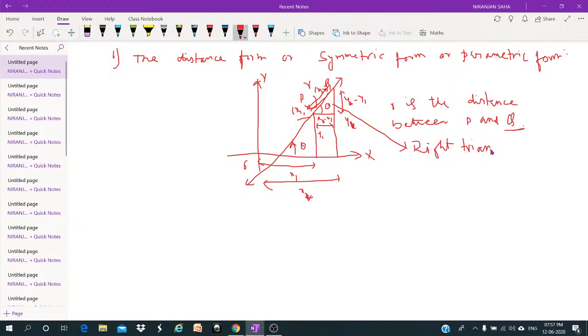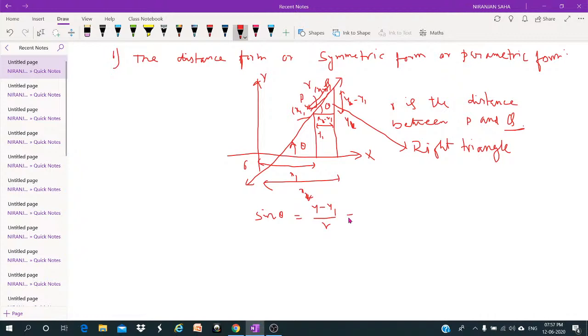Sine of theta will be the perpendicular, y minus y1, over the hypotenuse, r.